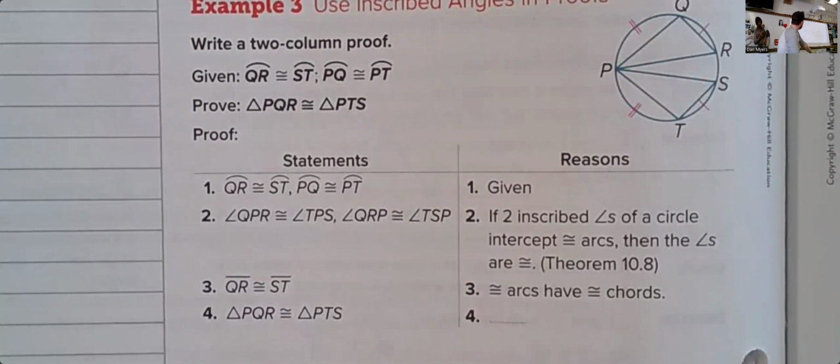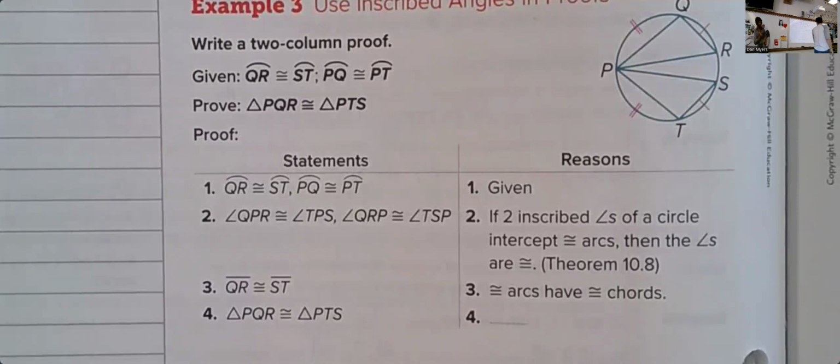It says that angle QPR is congruent to angle TPS, and angle QRP is congruent to angle TSP. That's because if 2 inscribed angles of a circle intercept congruent arcs, then the angles are congruent. Where are those intercepted arcs that are congruent? We're talking about angle QPR, so they're intercepting congruent arcs, so those are congruent.